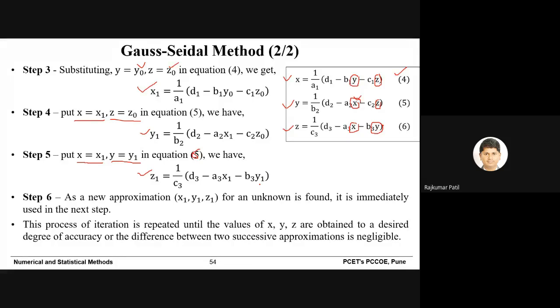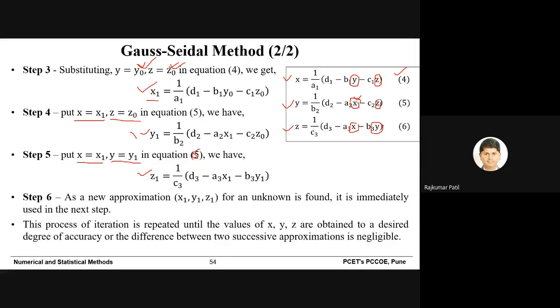So these are the steps that we need to follow in order to get the solution by using the Gauss-Seidel method. A very important observation in the Gauss-Seidel method is that when we calculate x1, at that time we put y naught and z naught, that is the initial approximate values of y and z.